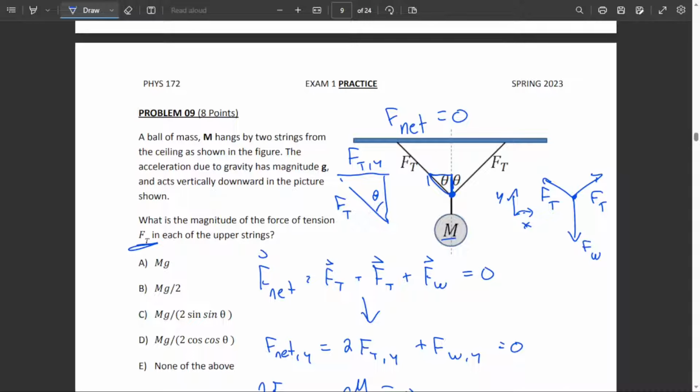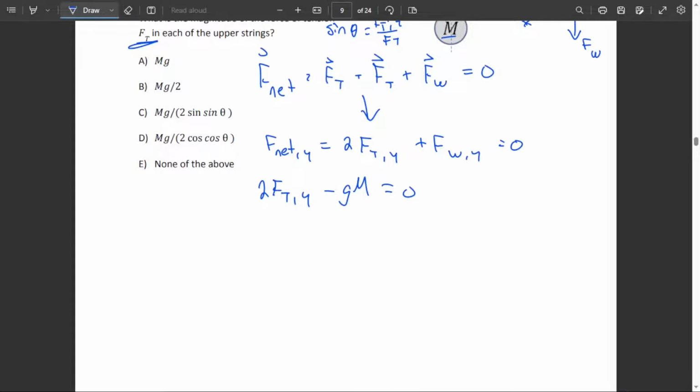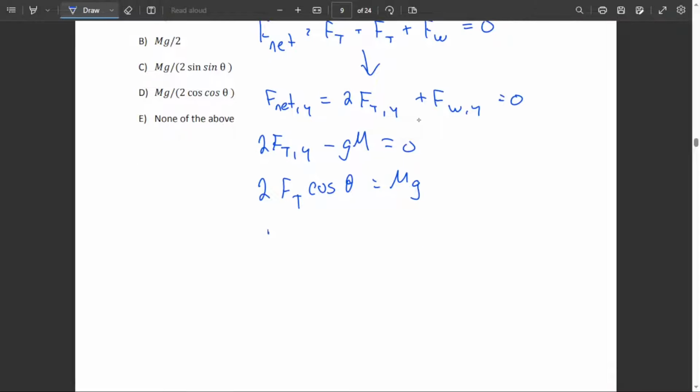So, we can conclude that sine of theta is equal to tension in the y direction over force of tension, or that sine times force of tension equals force of tension in the y direction. So going back to our equation, we get 2 times force of tension times the cosine of theta. When we move mg to the other side, and then we just have to solve for force of tension, which gives us force of tension is equal to mass times gravity over 2 cosine theta.